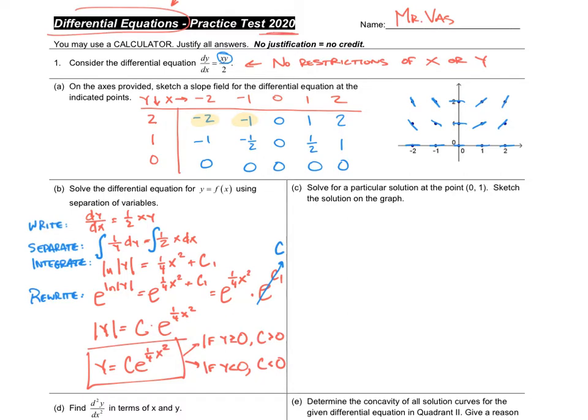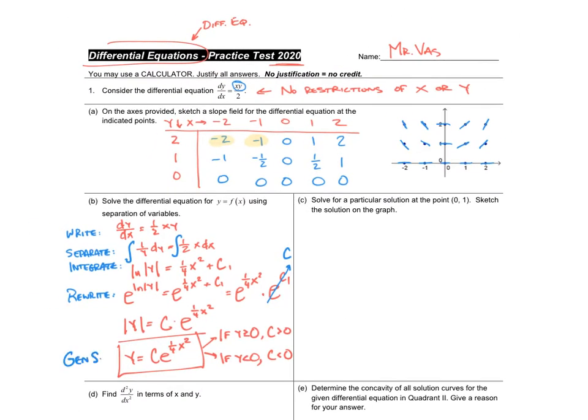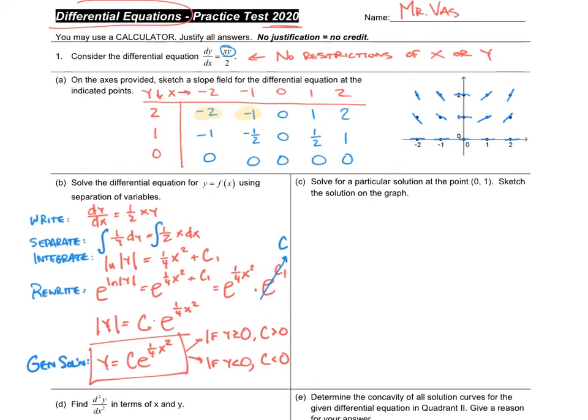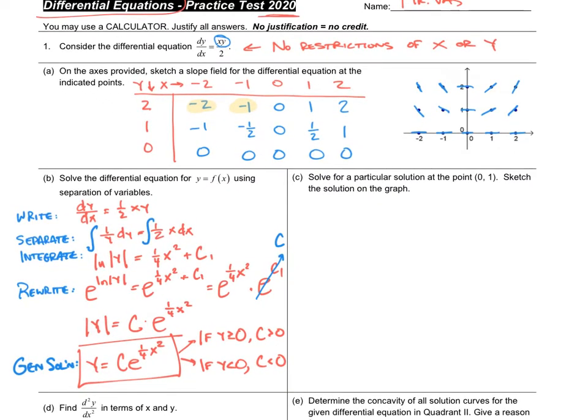Okay, now we've solved this. This is our general solution. And we're ready to move on to the next piece of the puzzle here, which is part C. Solve for a particular solution through (0, 1), and then sketch the solution on the graph. So in order to do that, we're going to sub the point (0, 1) into the general solution, which is y equals C times e to the 1/4 x squared.